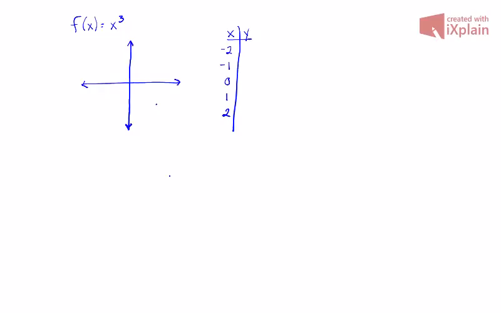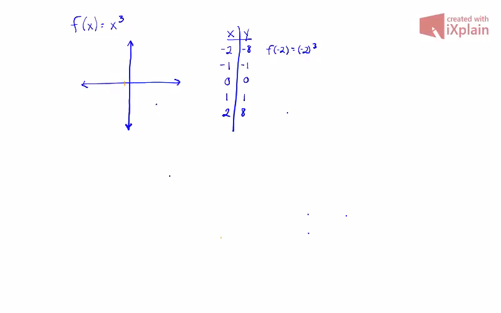Okay, so if we do -2 cubed, we would do f of -2, and using our function notation, that would mean that we would take -2 and cube it. That would be -8. This becomes -1, 0, +1, and +8. I'm going to go ahead and plot these points in orange.